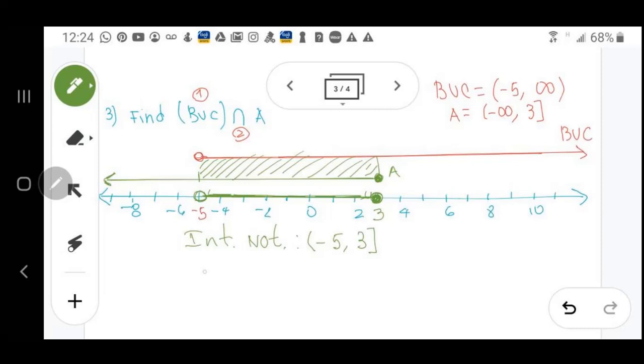And the inequality notation: since I have two extremes, I need to say that x is between negative 5 and 3, and it's included at 3, so it's negative 5 less than x, less than or equal to 3. And this will be the third exercise.